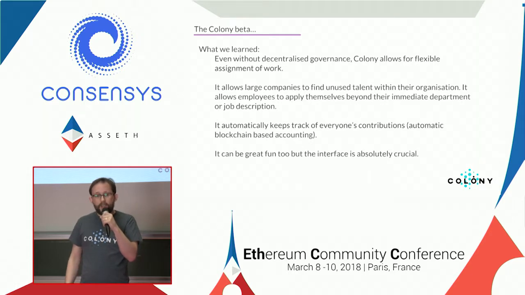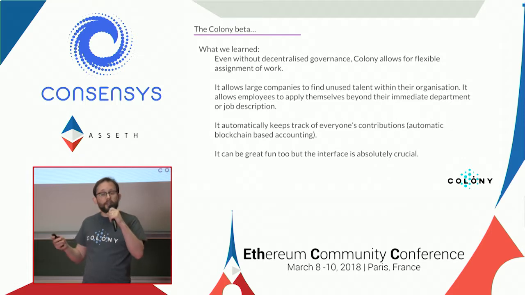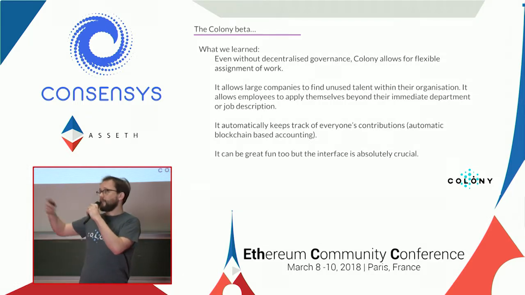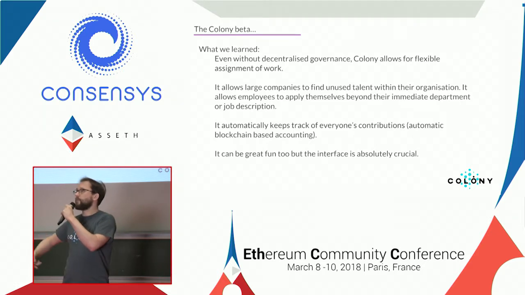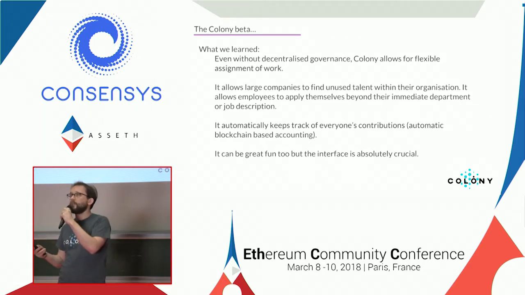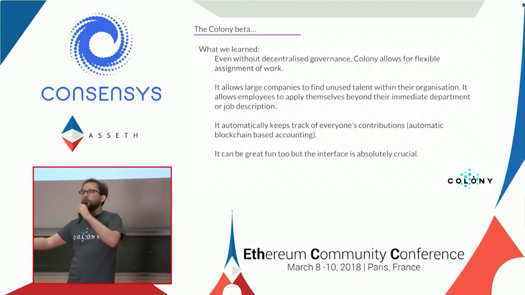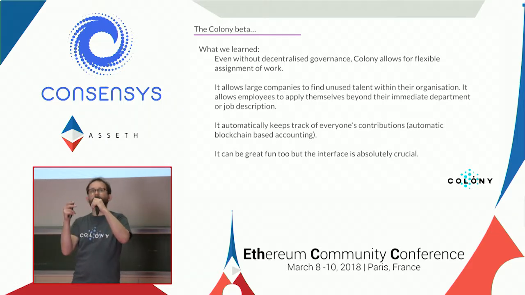And so for the huge organizations, the interest was they could flexibly assign work to a lot of people, and people within the organizations could flexibly pick up work in the system, and the system would automatically keep track of who does what. That flexibility was valued by the organization that could find unused talent or idle workers within the organization, and the workers benefit too because they can actually move beyond their immediate task set in their immediate department as long as they have time and skills.